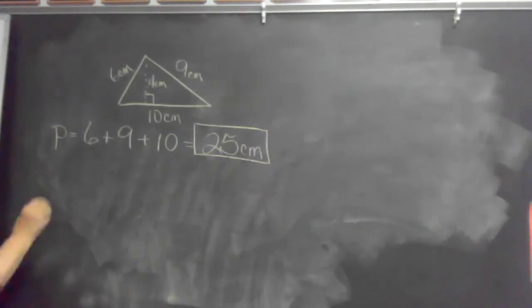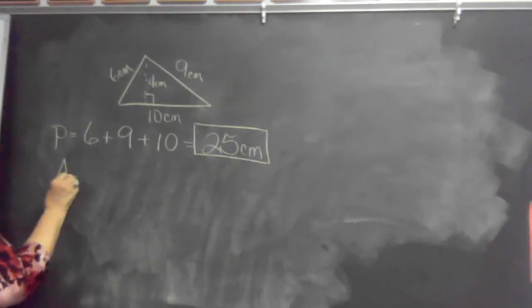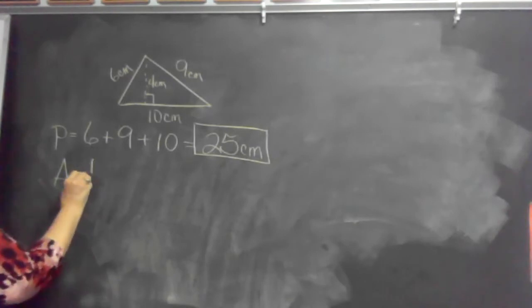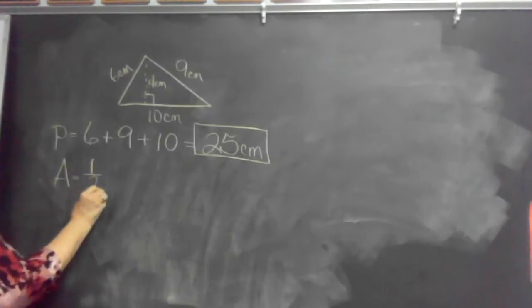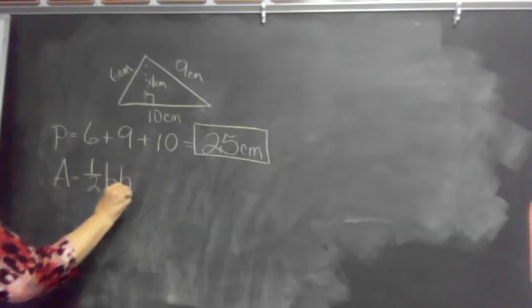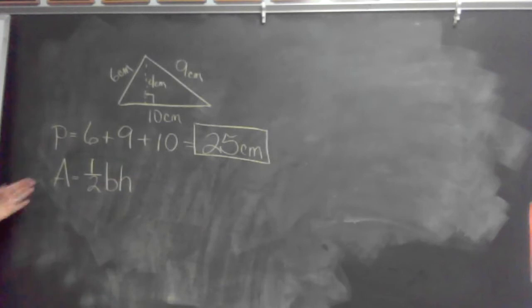Now let's find the area. And find the formula. 1/2 times the base times the height. Notice that we write the formula every single time, and you won't make big mistakes.